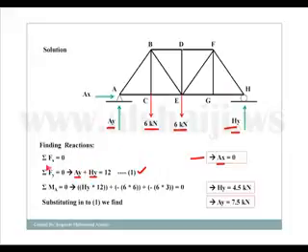The direction would be a positive moment if it is counterclockwise. That's just an assumption. So HY times 12, that's positive.